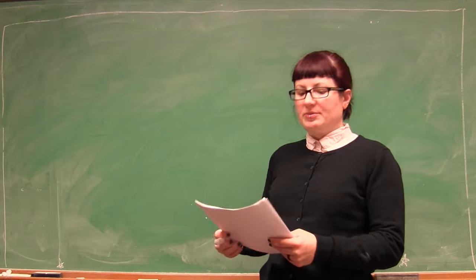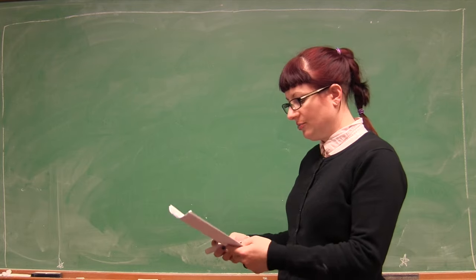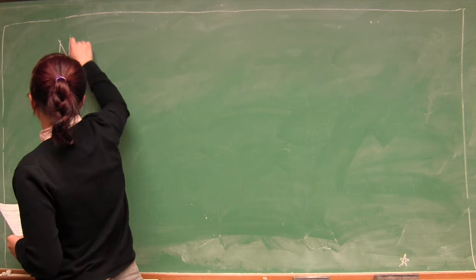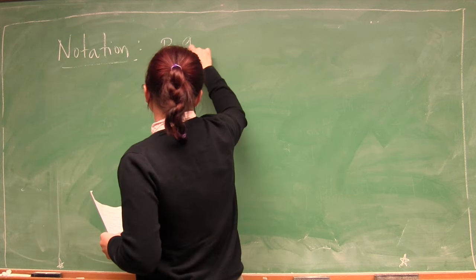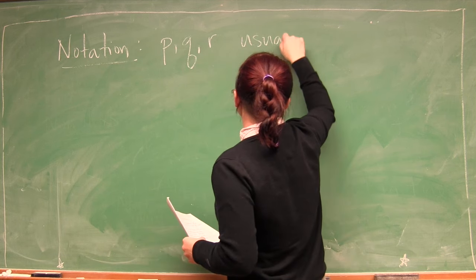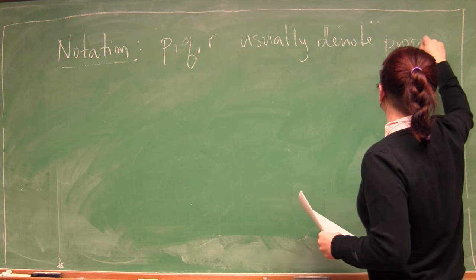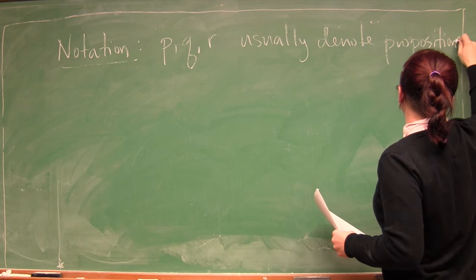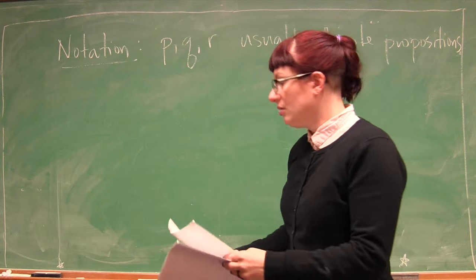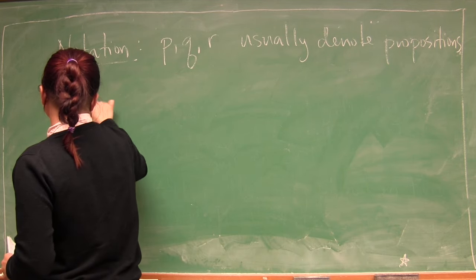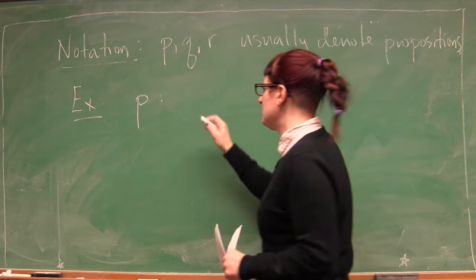So the notation we'll use for propositions is usually P, Q, R. We could use any letter or any symbol, but we'll often use P, Q, and R. So for example, we could say P is the proposition, it is raining in Corvallis.